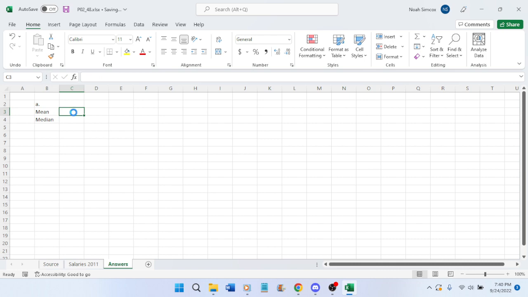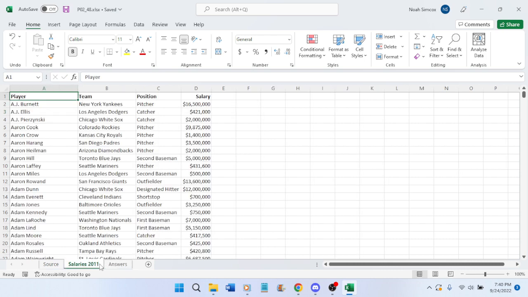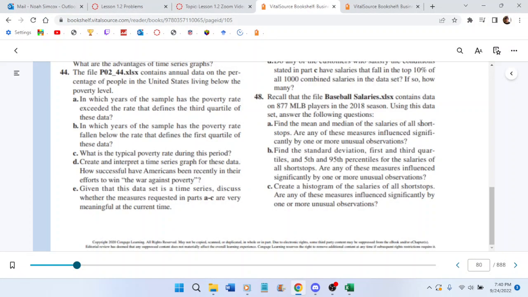Of all shortstops. We want to only look at the shortstops. So, again, we have to do this thing again. Well, hold on a sec. It looks like we're literally only going to talk about shortstops for this whole question.